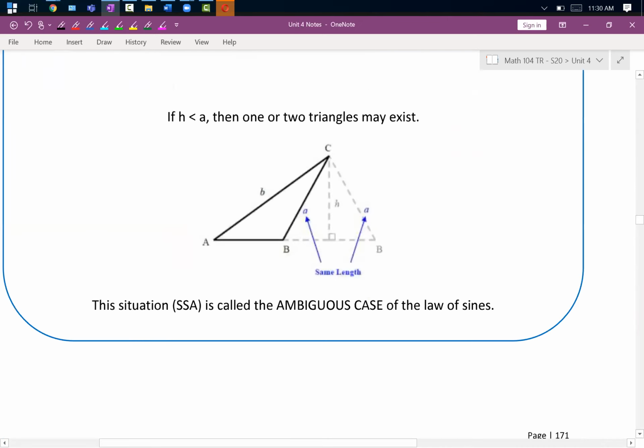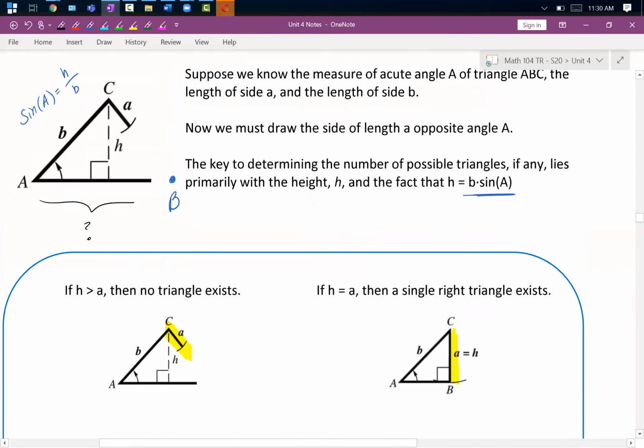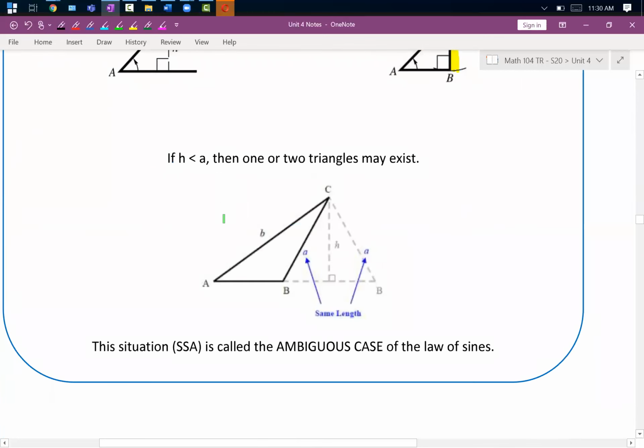The tricky one, I think, is when your A value ends up being larger than the height. Remember, we don't know how long this bottom side is here. So it could be short or it could be real long. We don't know that information. So with side A, if it's longer than the height, we could put it two different places.